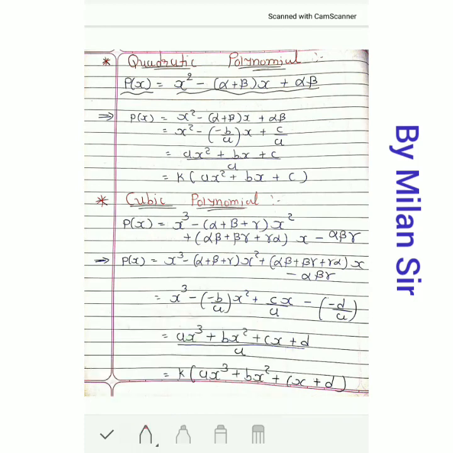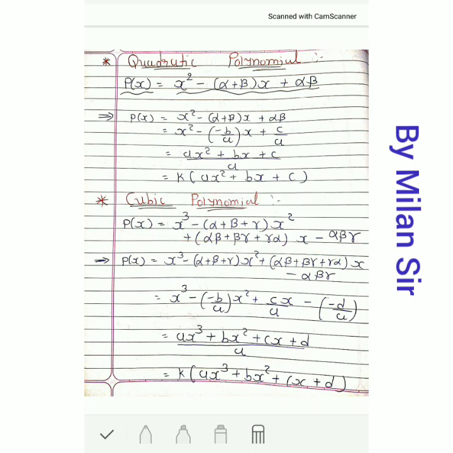If for the cubic polynomial the sum of zeros, that means alpha plus beta plus gamma is given, and the sum of product of zeros, that means alpha into beta plus beta into gamma plus alpha into gamma is given, and the product of zeros, that means alpha into beta into gamma is given, then we can find the cubic polynomial by using this formula.